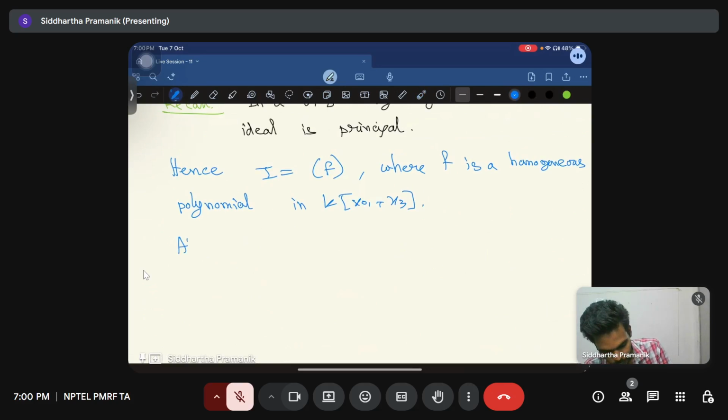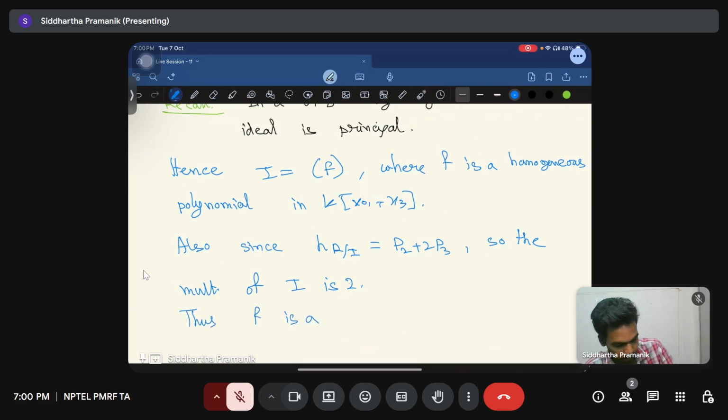Also, since the Hilbert polynomial of R mod I is p2 plus 2p3, the multiplicity of I is 2. Thus, f is a quadratic or degree 2 homogeneous polynomial.